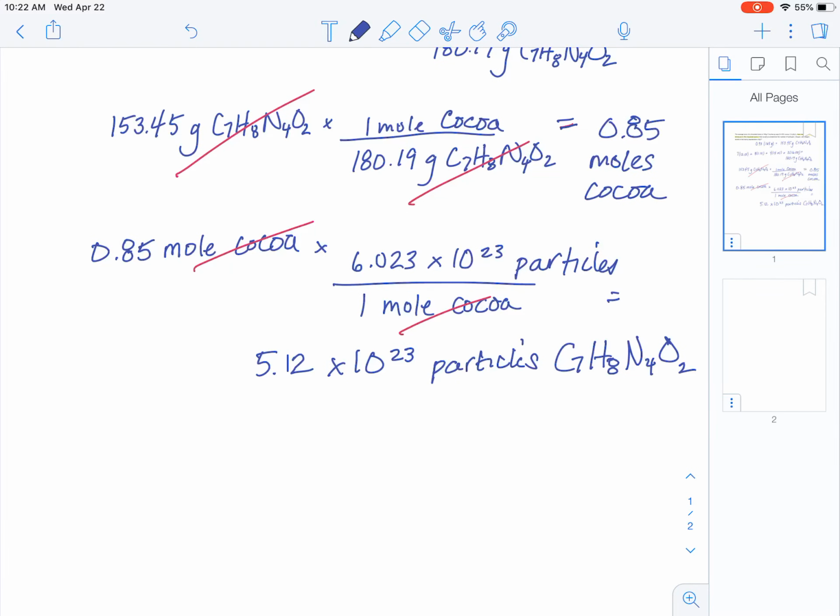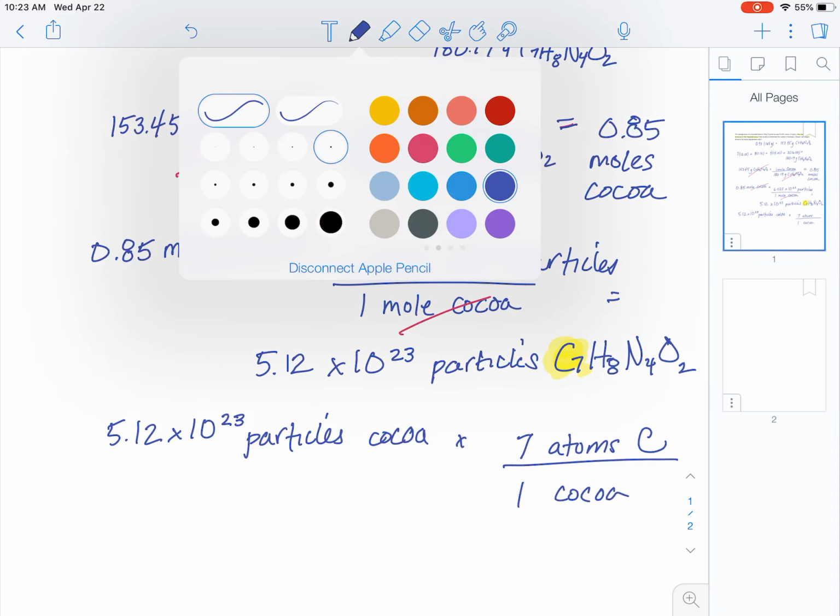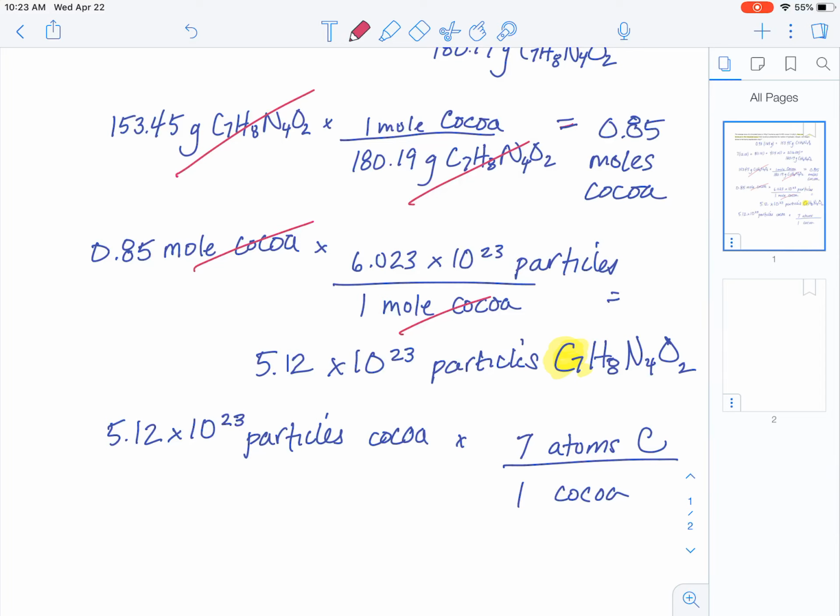So in order to solve for carbon atoms, we need to look at this formula, right? So for every 1 particle of cocoa, and again, there are 5.12 times 10 to the 23rd of these, for every one of those, there are 7 atoms of carbon, right? So we're multiplying here the number of particles, which is a big number, by the number of atoms in each particle.